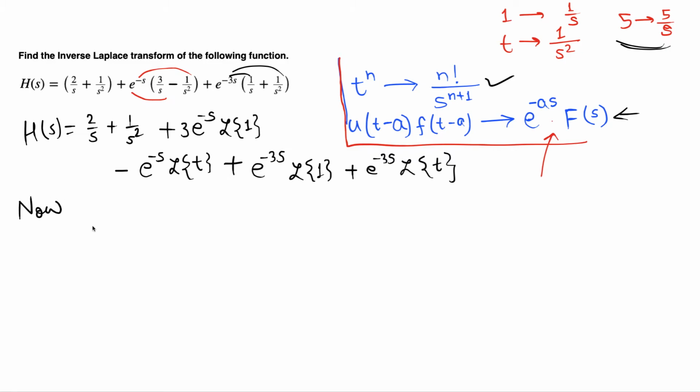Then now we can take the inverse Laplace of this, which is h of t. 2 over s, we already knew that's the Laplace of 2, plus Laplace of t, plus, now for this one, we will be applying this rule.